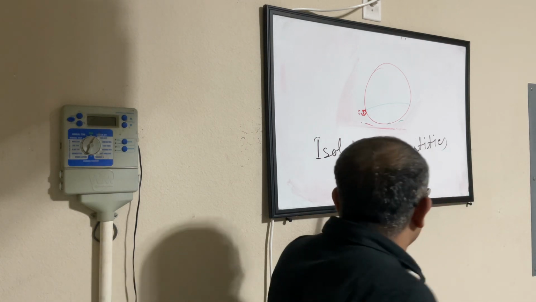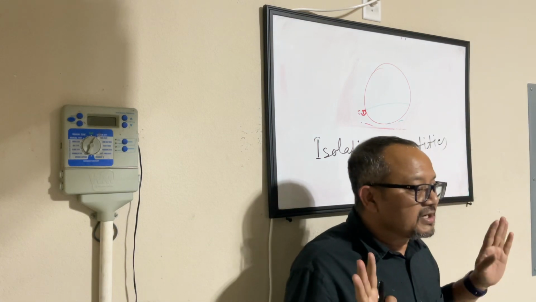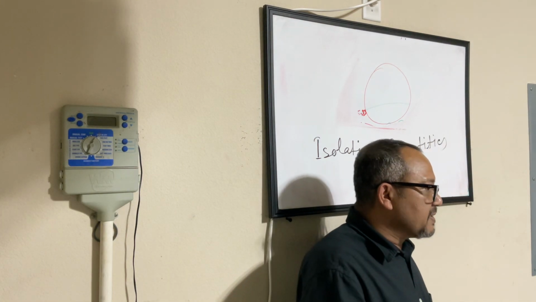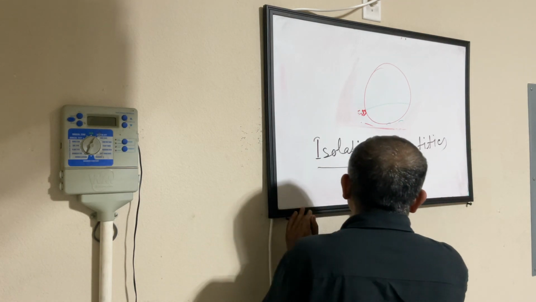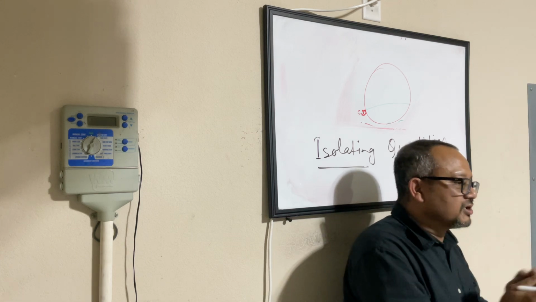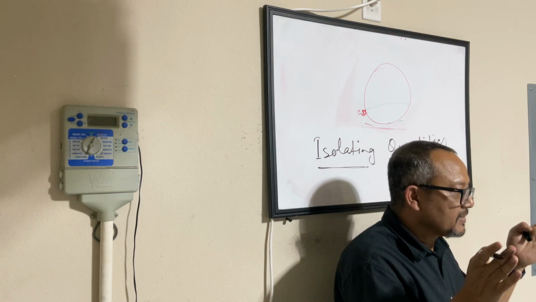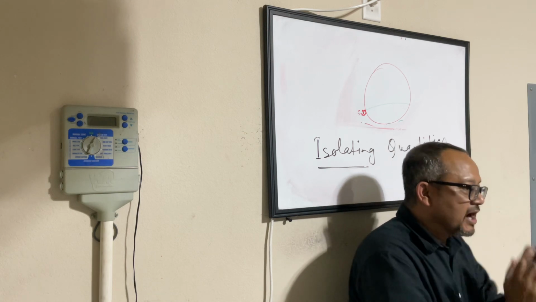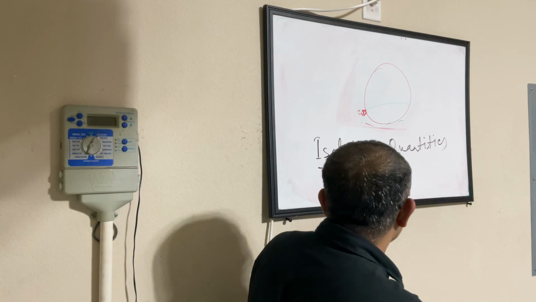So, we are going to talk about isolating quantities, and the simplest thing that I want you to keep in mind is we are trying to isolate. If I say Daivik and Arush are good friends and I want to isolate them, I'm actually trying to separate them, so that Daivik has one identity, Arush has one identity. That's my goal when I'm talking about isolating things.